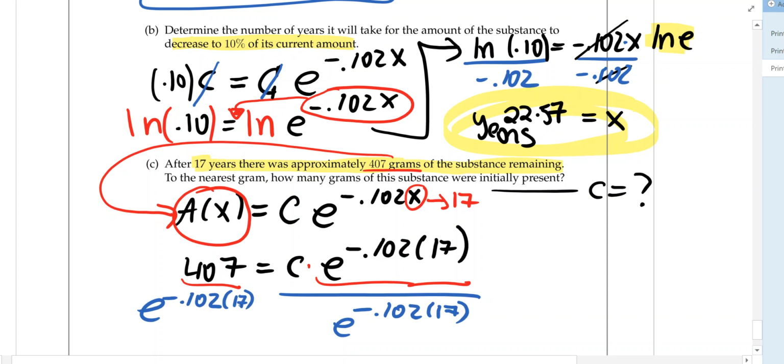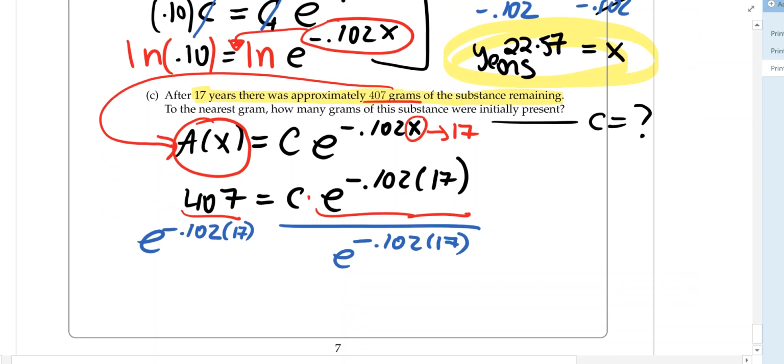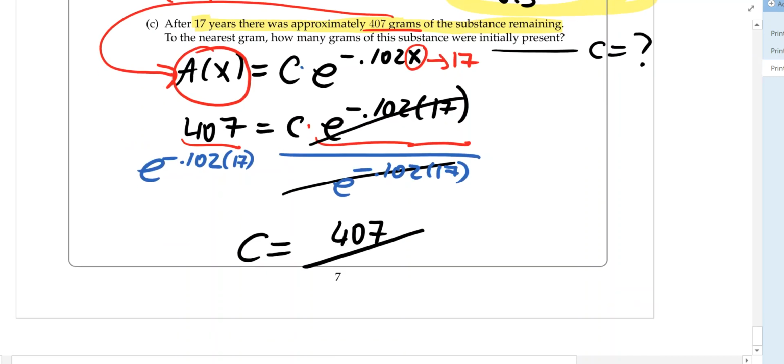We're not asked to solve for an exponent. We're asked to solve for C, and C is already down where we like it to be. So C is going to be equal to 407 divided by e to the negative 0.102 times 17.